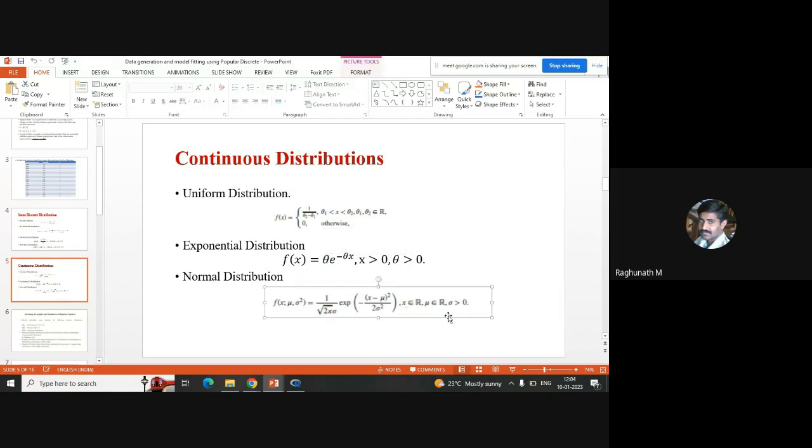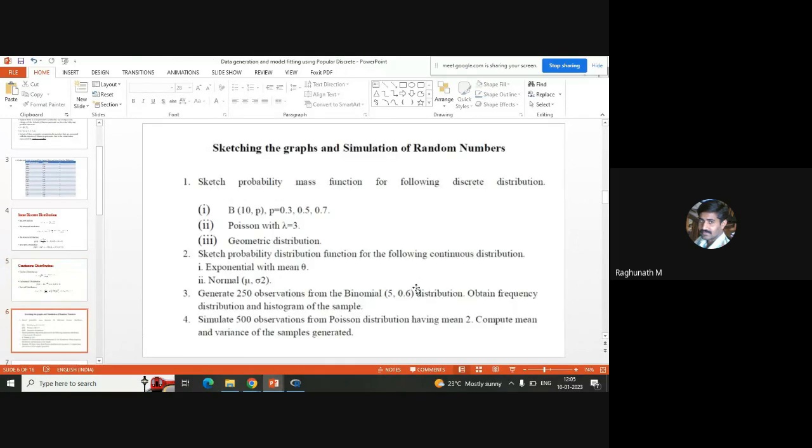But when we come to the celebrated normal distribution, which we discussed yesterday, here mu and sigma constitute the parameters of this distribution. In the exponential case, we have only one parameter, whereas in the case of normal, we have two parameters.